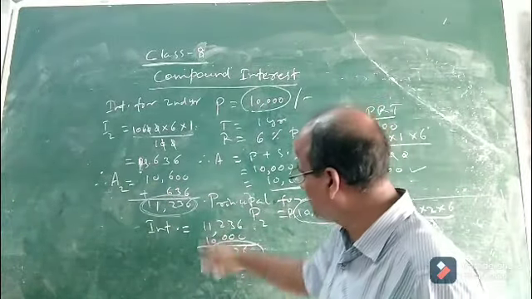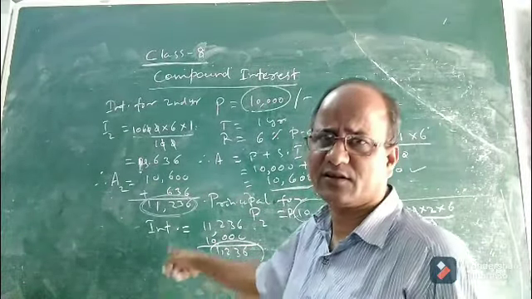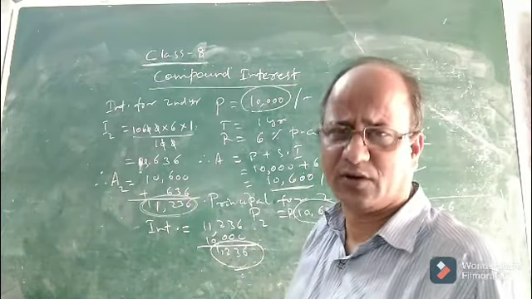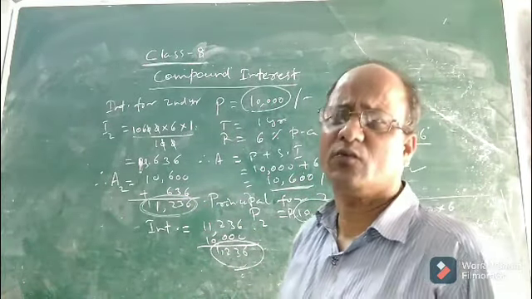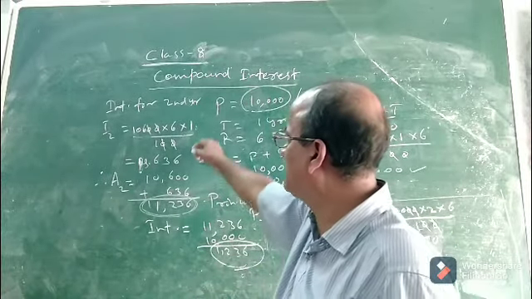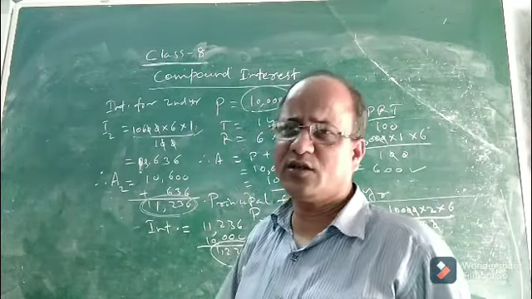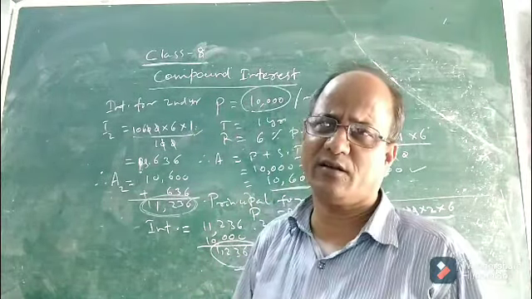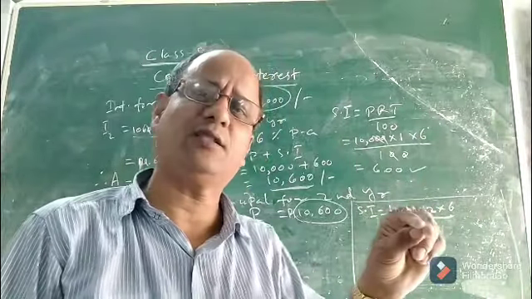And in this particular example that I discussed, I calculated the compound interest using the unitary method, with the formula for simple interest. So compound interest can be calculated in two ways. One is by the unitary method.